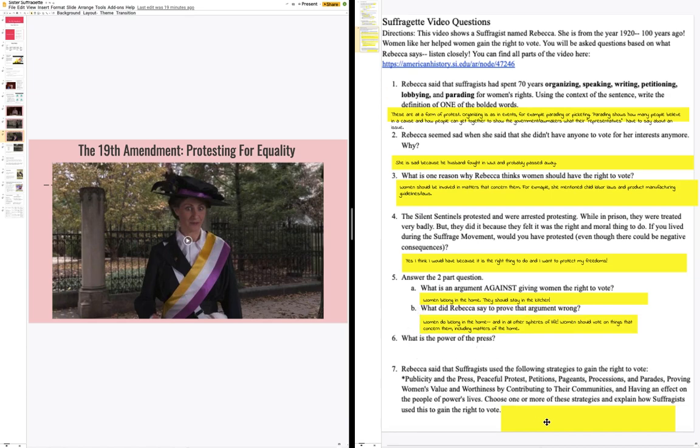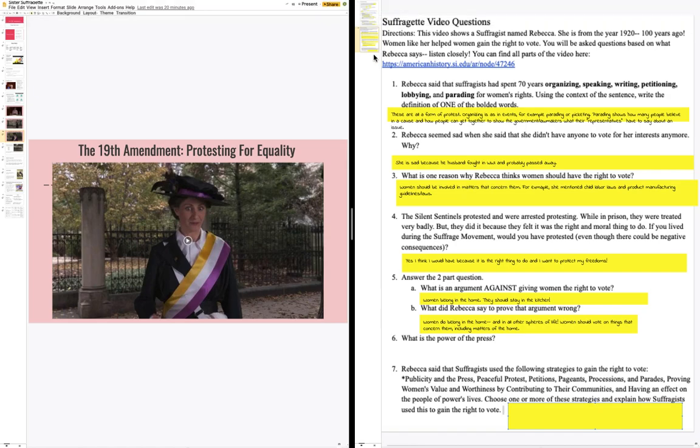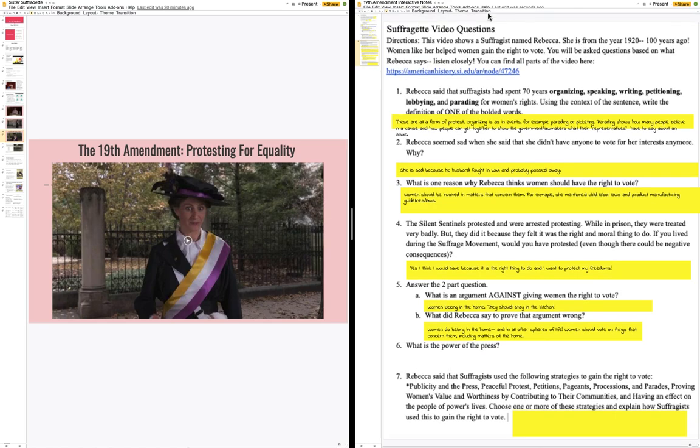What is power of the press? So you guys will have a text box here. However, what is power of the press?